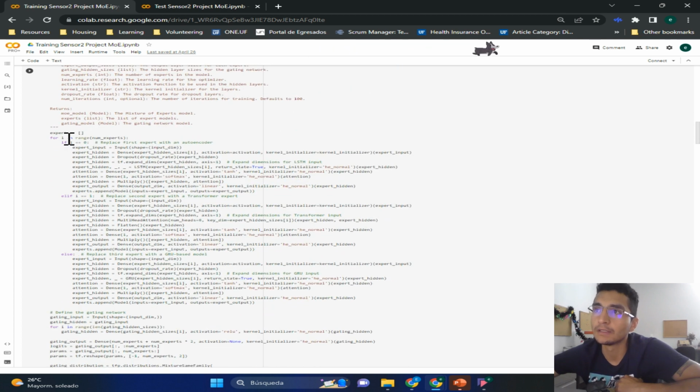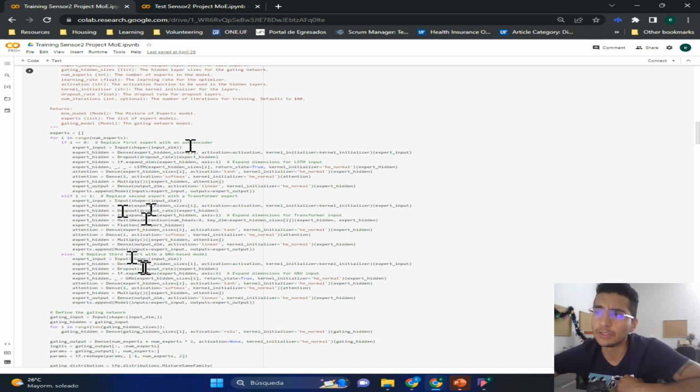First we have the three experts, and we set up the architecture of the experts. The first one is an LSTM with an attention mechanism, the second one is a transformer-based model, and the third one is a GRU-based model.